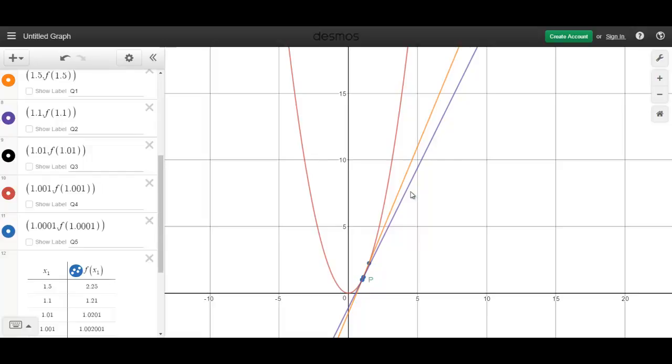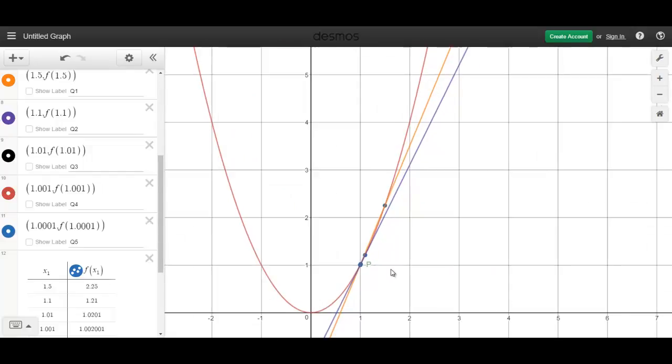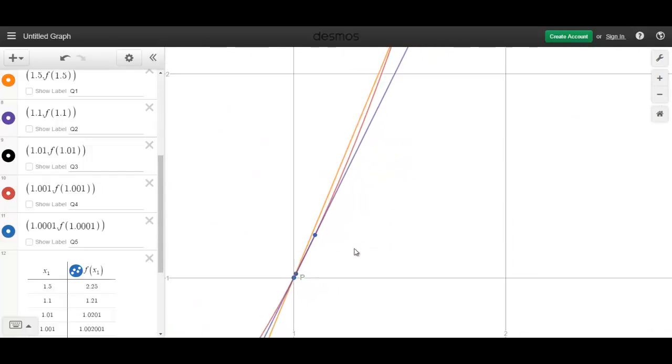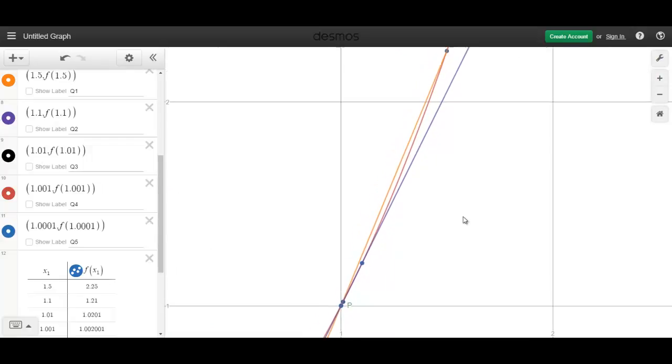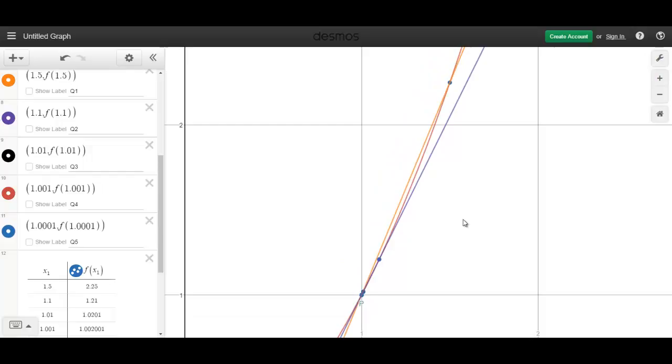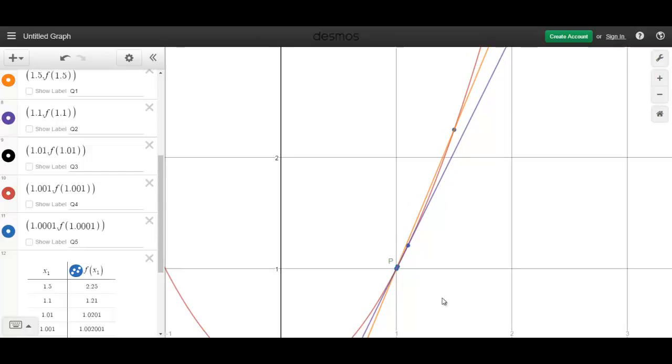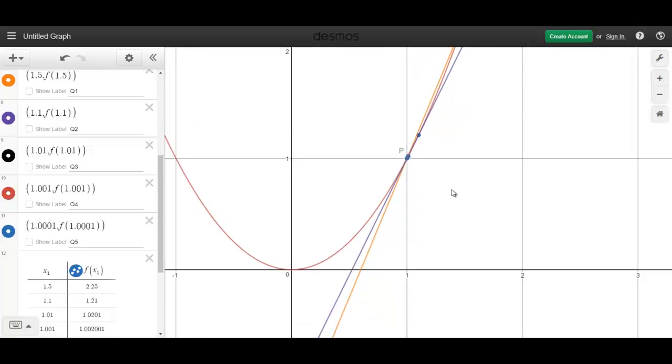My purple line is the secant line PQ2. The purple one is passing through a point that's closer to P, so it's a better approximation of the tangent line, so the slope of that secant line is closer to the slope of the curve at x equals 1. They're not the same, but similar.